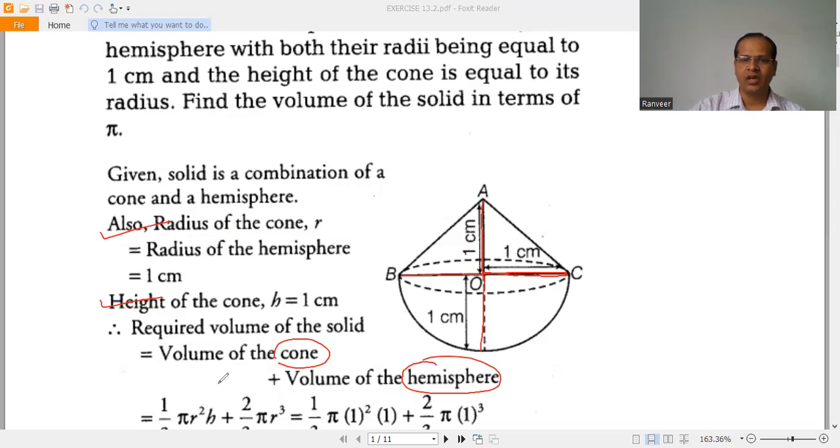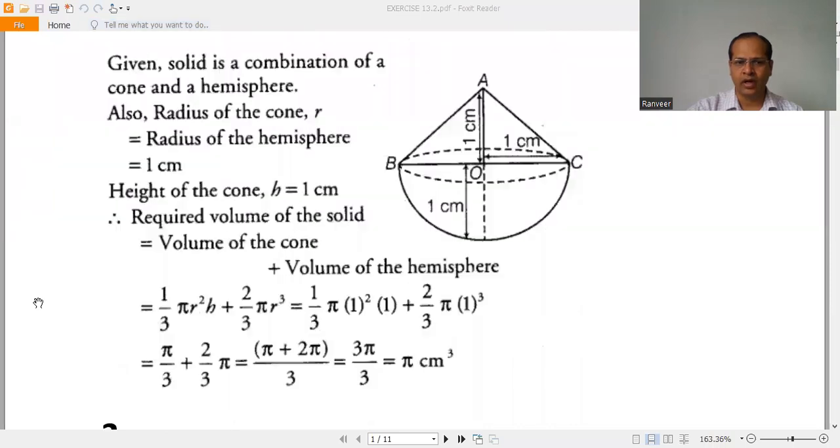First of all, you have to command the formula, and once you write the formula accurately, you only have to substitute the values. The volume of the cone is 1 by 3 pi r square h, and the volume of the hemisphere is 2 by 3 pi r cube. The major technique is to take the common factor.